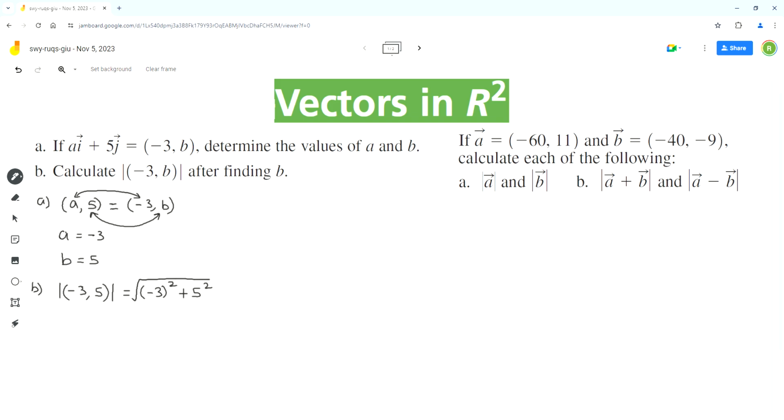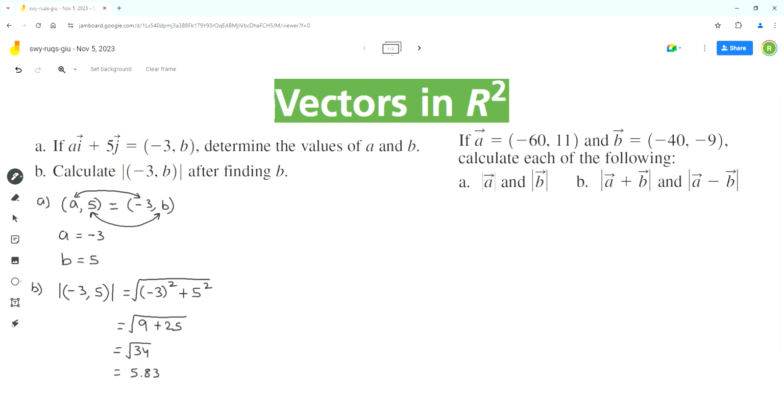Now we can simplify this expression. So negative 3 squared is 9, 5 squared is 25, and 25 plus 9 is 34, and we can do the square root of 34, which is equal to 5.83. So this is the final answer for the magnitude of vector negative 3 comma 5.